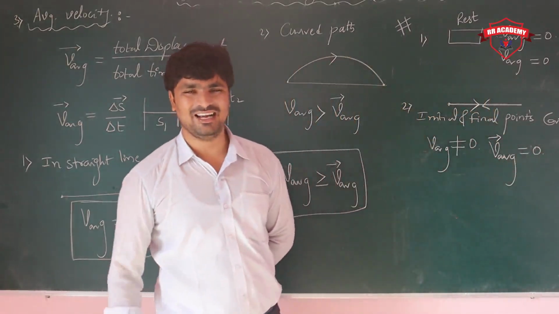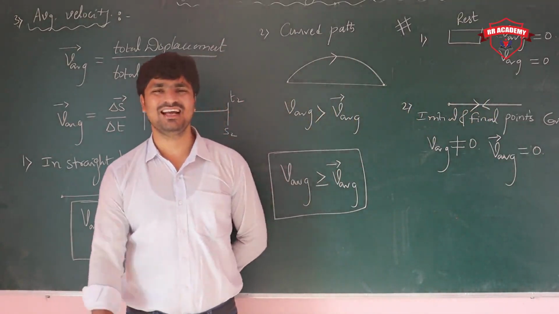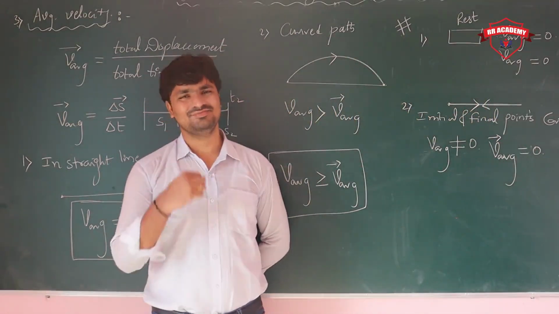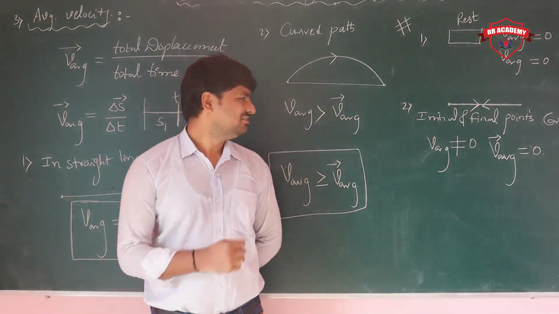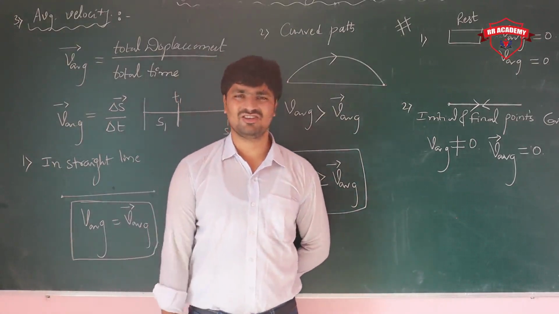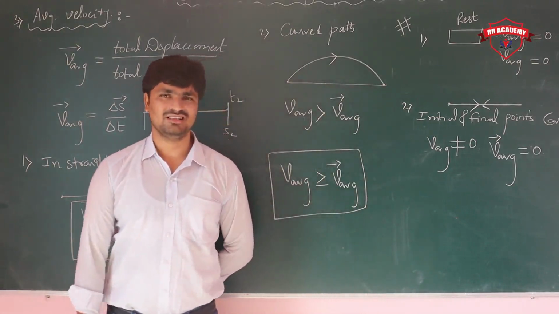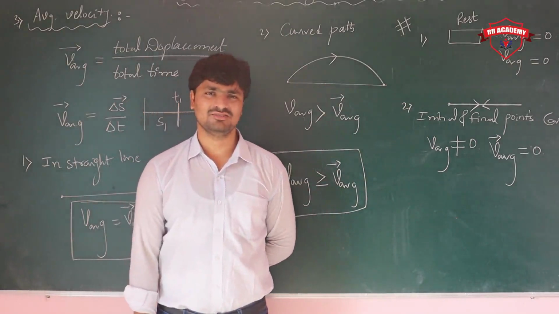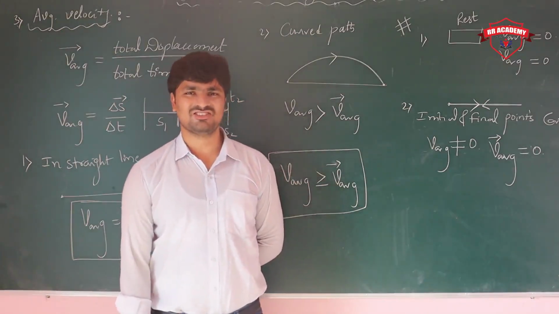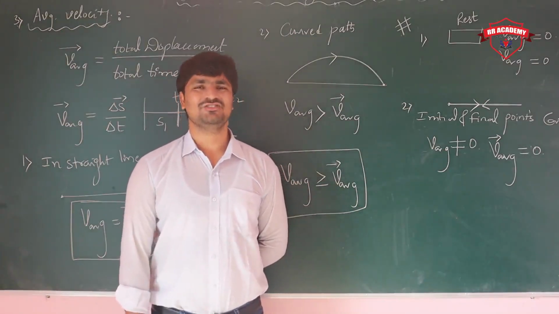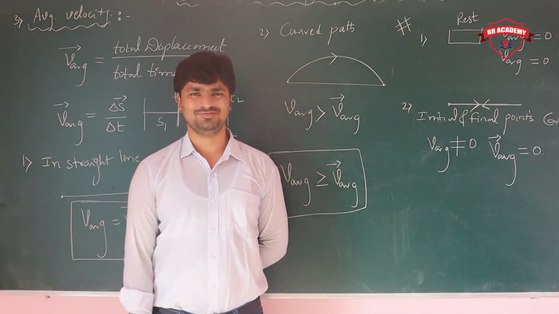Whenever the final point and the initial point coincide, the displacement is 0, so the average velocity is also 0. One more thing: speed depends on the path, and velocity depends on the initial and final points.